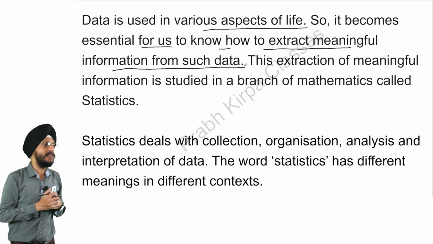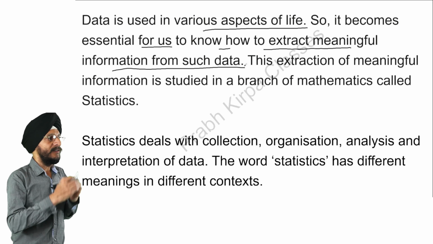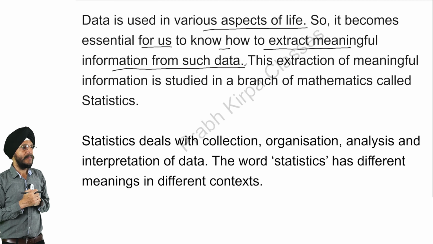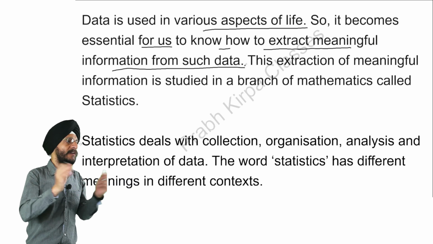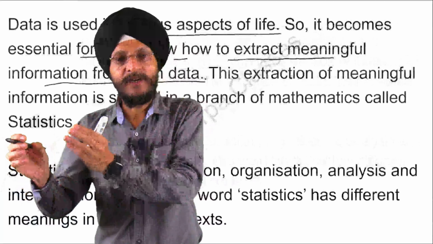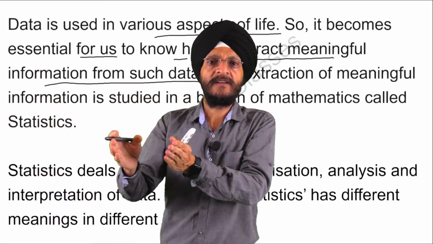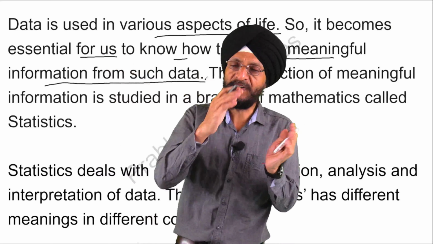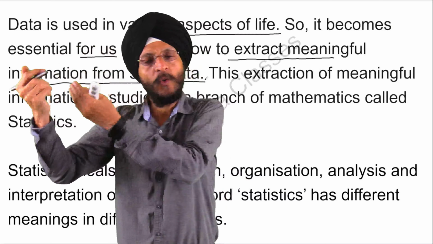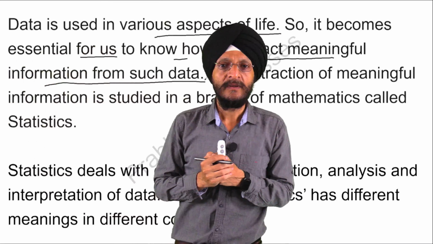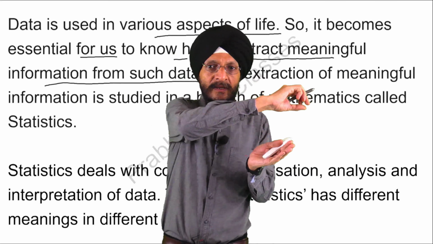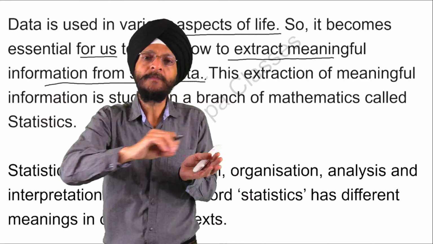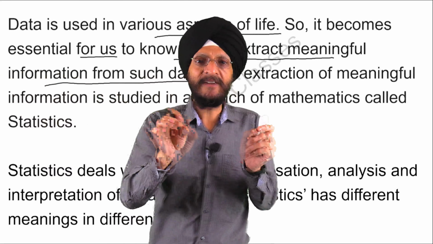It means that suppose there are 100 students in your class and the result has been declared. One student has got 56, another 67, another 77 and so on. Each student has got their own marks. If we write the marks obtained in a single line or many lines, we will not arrive at any conclusion.